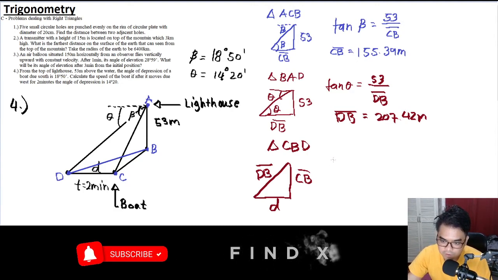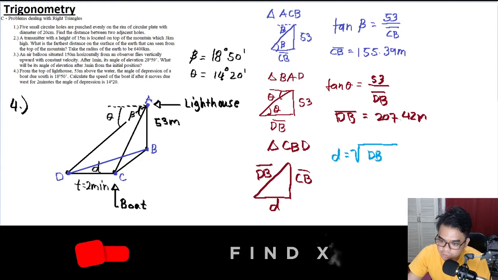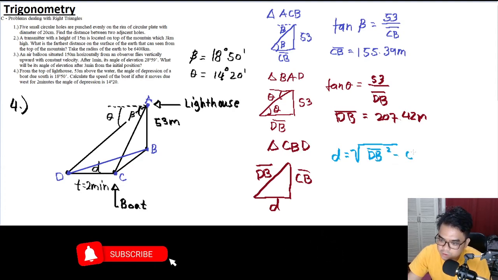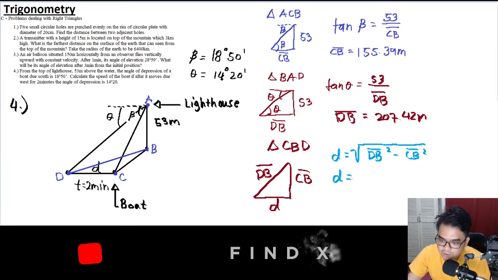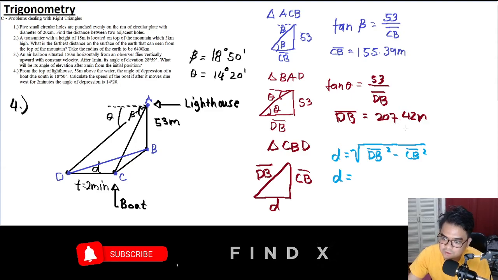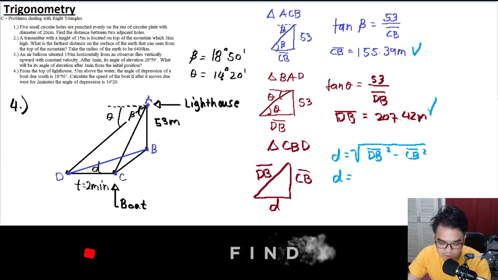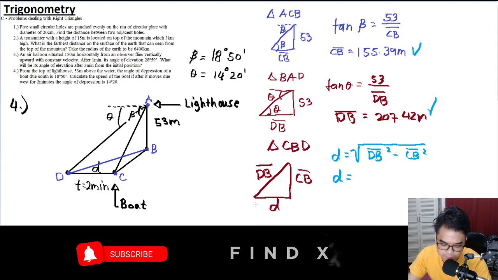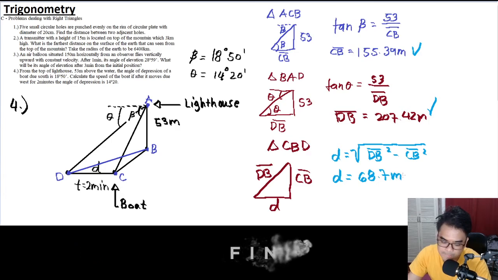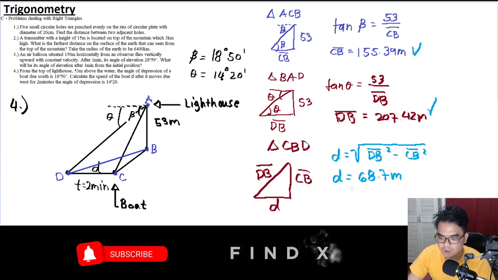D will be equal to the square root of the hypotenuse, DB squared minus CB squared. Line DB is 207.42 and line CB is 155.39. So you'll have the value of D, which is 137.4 meters.